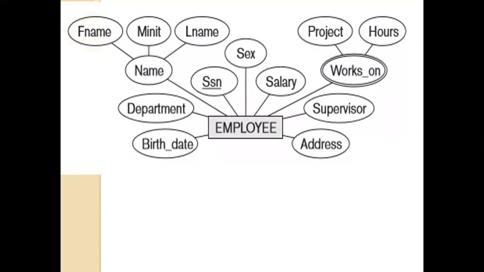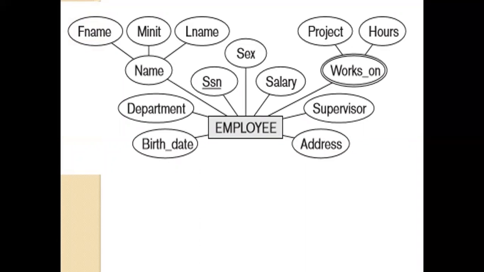Now by making use of all these components of the ER diagram which we have studied till now, we can design a blueprint for a company database, that is, a conceptual design of a company database, which can be summarized with this diagram here.